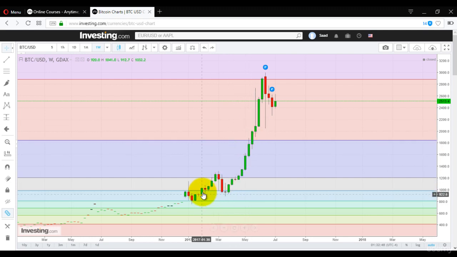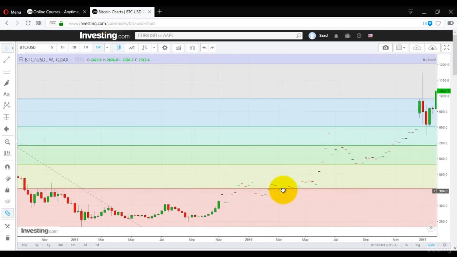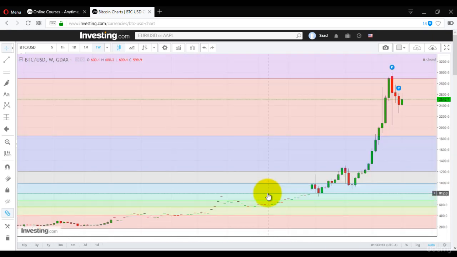So always remember, if it is breaking the above lines, it is a really good sign. But if it is coming back to support or breaking the support and breaking another line, then it's a trend of going down. Why I'm saying this is because once it starts to break those lines, it starts to go down, down and down.